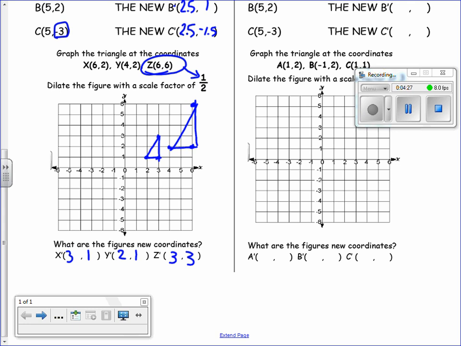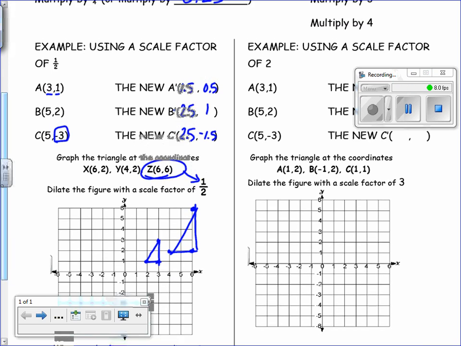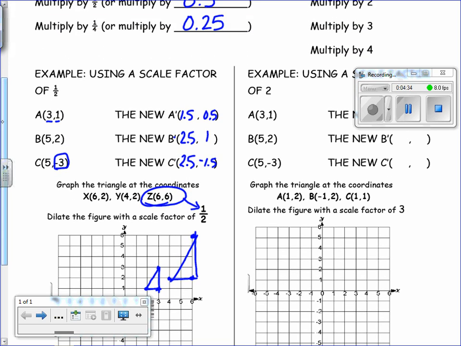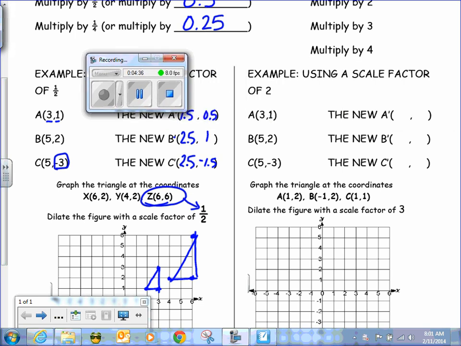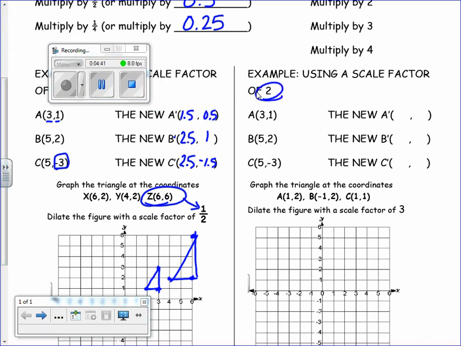Now, just like the image getting smaller, my image can also get larger. So let's take a look over here at the examples of using a scale factor of 2. I'm looking at my A point, 3, 1, and I'm going to use a scale factor of 2, which means 3 times 2 is 6, 1 times 2 is 2. 5 times 2 is 10, 2 times 2 is 4.